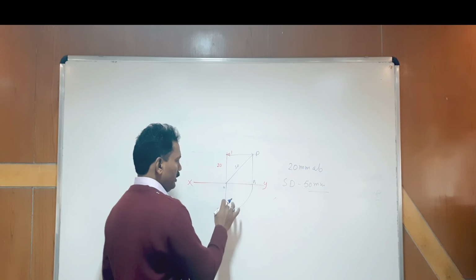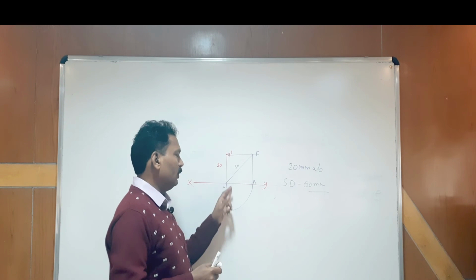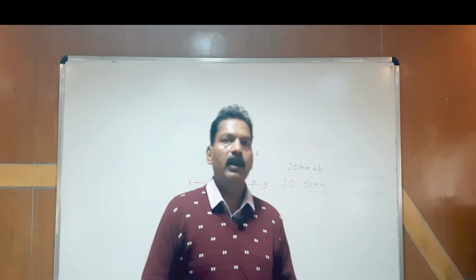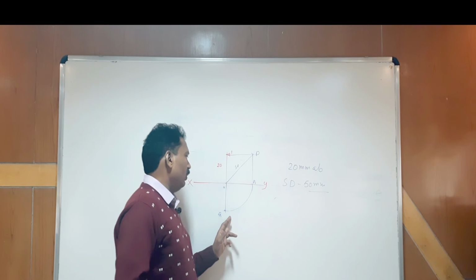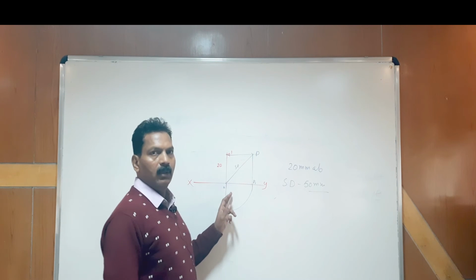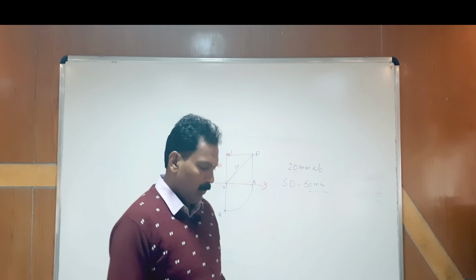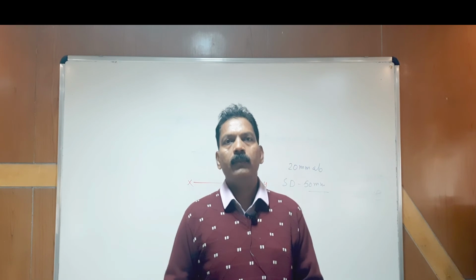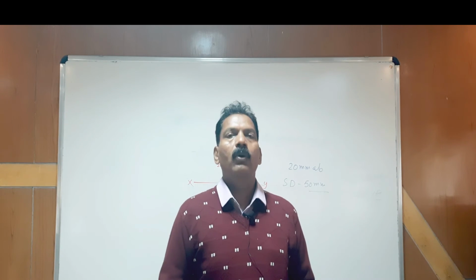Whatever this distance is will be the position of the top view with reference to XY, and as we know, the top view position with reference to XY is similar to the position of the point with respect to VP. If it is 35 mm below XY, it means the point will be 35 mm in front of VP. So in this way we can calculate the shortest distance, or we can find the position of the point when the shortest distance is given.